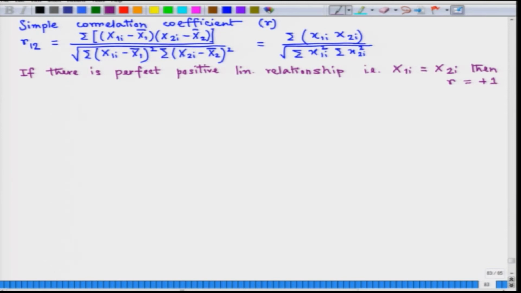And if we have a negative linear relationship which is also perfect, in that case we mean x1i is equal to minus of x2i, then the expression that we have above on R12 results into a value of minus 1 for r. Okay.